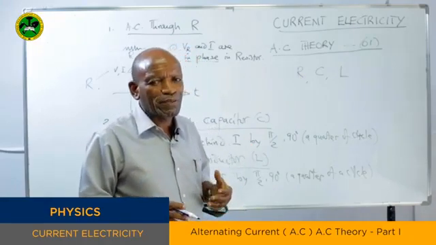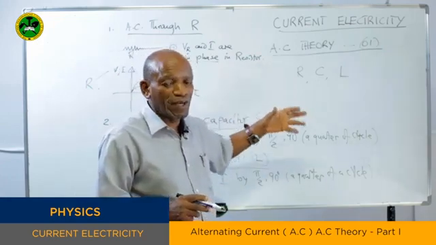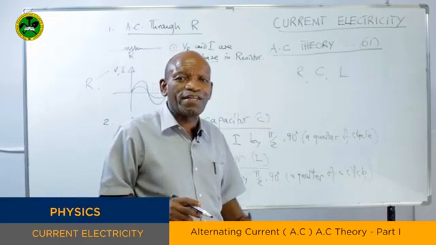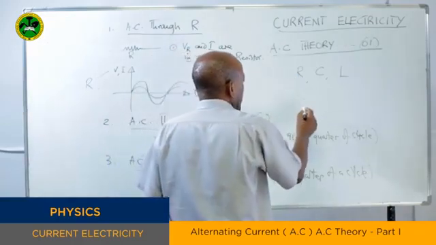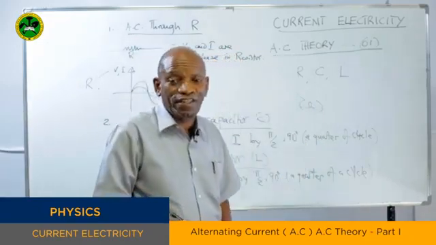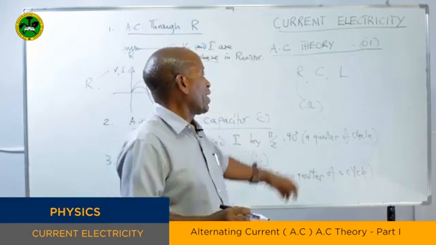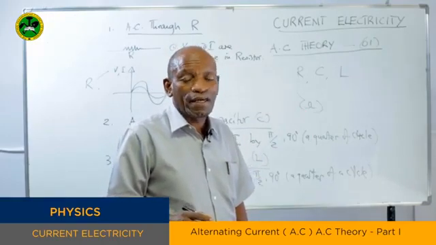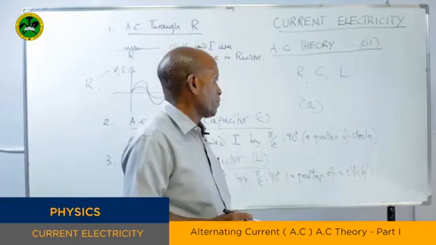That opposition shown by a pure resistor is what we call the resistance, measured in ohms.